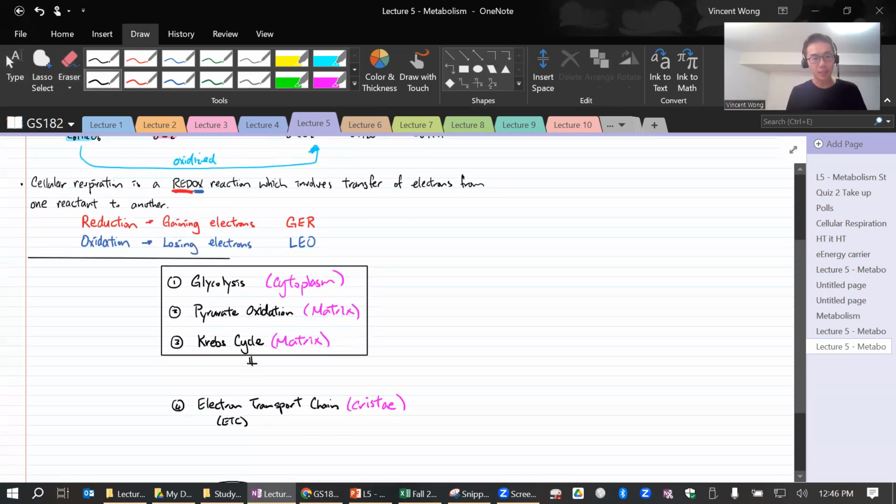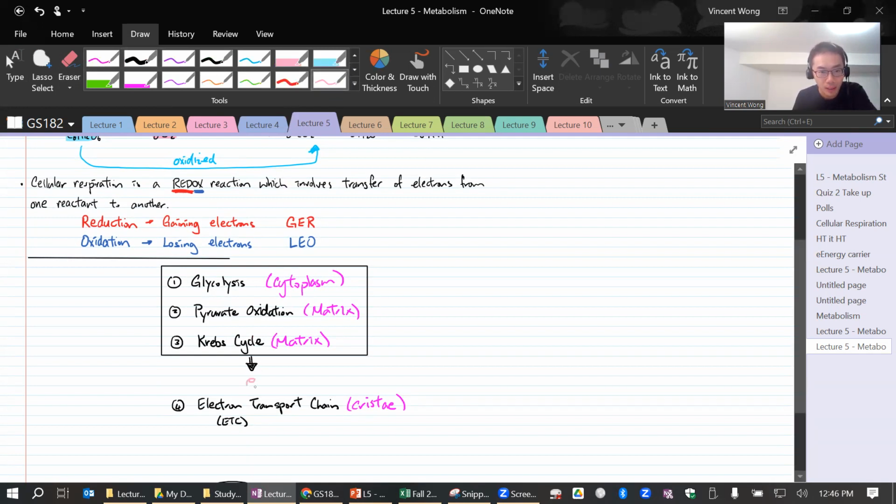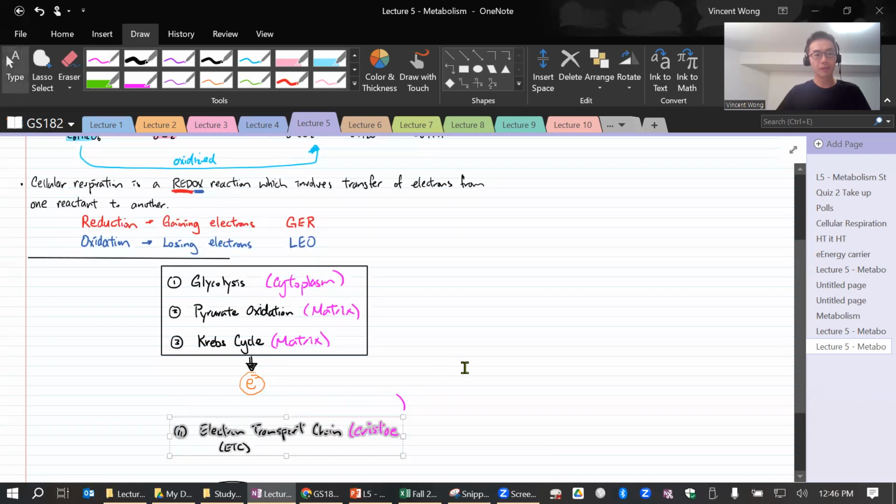So from the first 3 steps, we are going to have electrons coming out. Let's use an exciting color for the electron. There we go. That's the electron, a high energy electron. High energy electrons are being released from the first 3 steps.